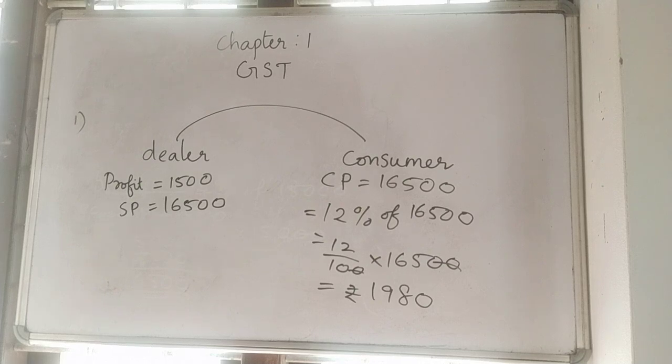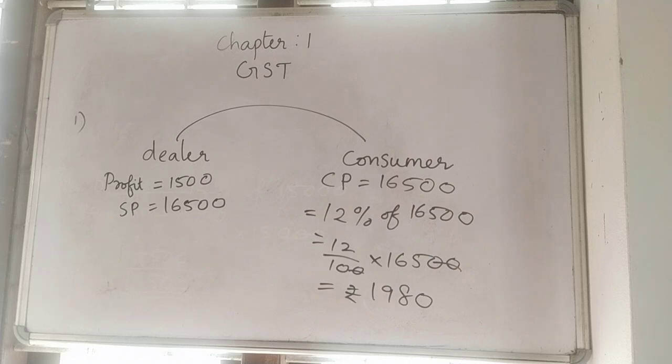Then we can do the third part of this question. The third part is the total amount paid by the consumer. Total amount paid by the consumer will be selling price plus GST. The selling price is 16,500.